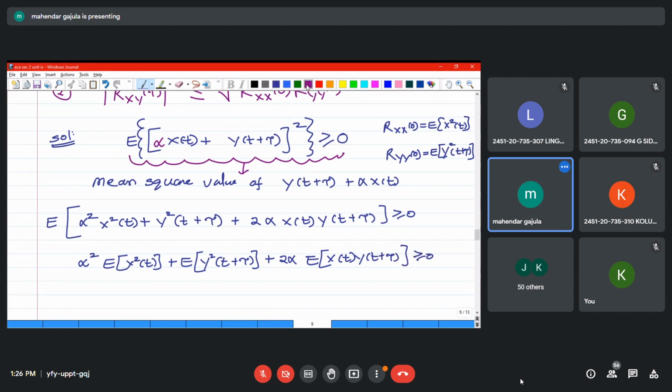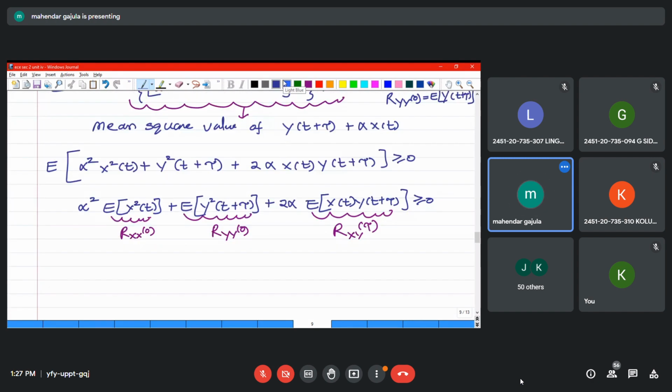greater than or equal to 0. Now coming to this, this is Rxx 0 and this is Ryy 0 and this is Rxy tau, right? So let us write that: alpha square Rxx 0 plus Ryy 0 plus 2 alpha Rxy tau greater than or equal to 0.